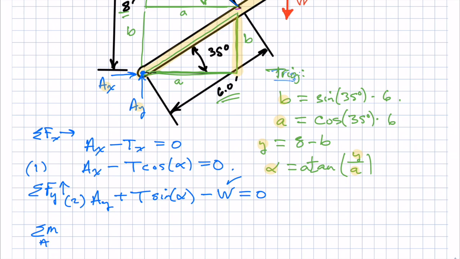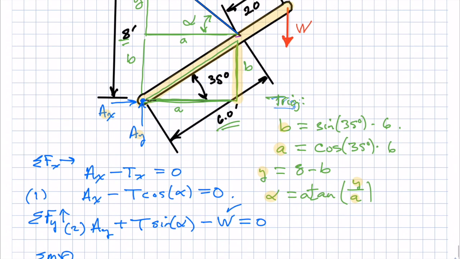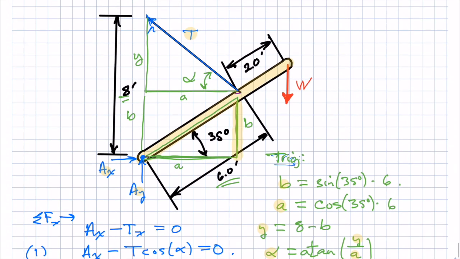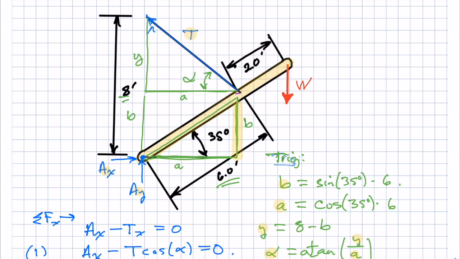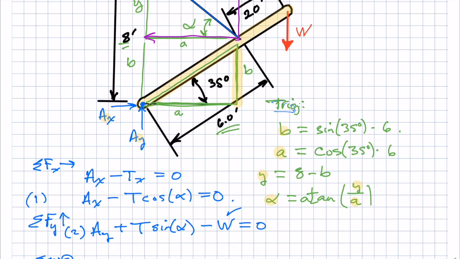So let's do the sum of moments about point A where counterclockwise is positive. Looking at that, I can resolve T into components. Let me use a different color here. I'll use purple. So T has a vertical component and a horizontal component. If I want the moment generated by the horizontal component from point A, then what I need is the perpendicular distance to the force.